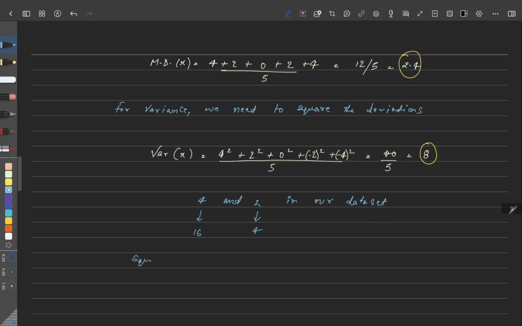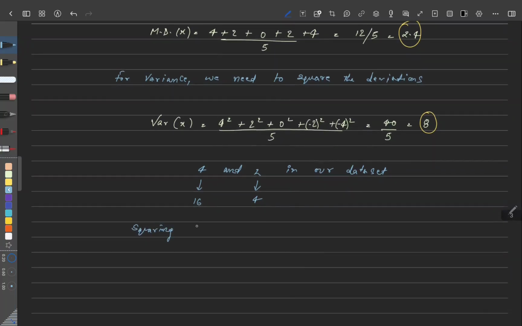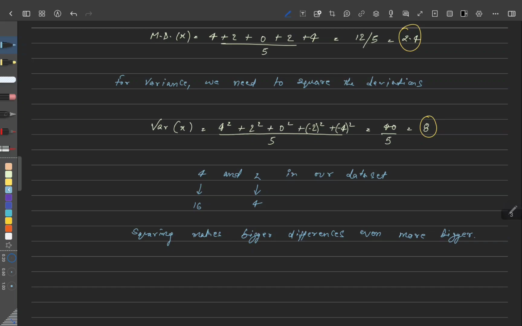So squaring makes bigger differences even more bigger. This is basically saying that it highlights the outliers, right? It goes without saying that it implicitly solves the negative differences problem as well, so we do not have to take the absolute deviation. But other than that, squaring makes bigger differences even more bigger, which means it highlights the effect of outliers in your data.